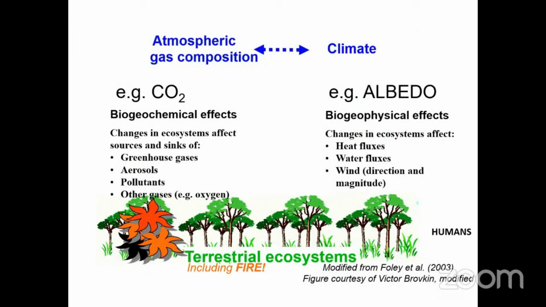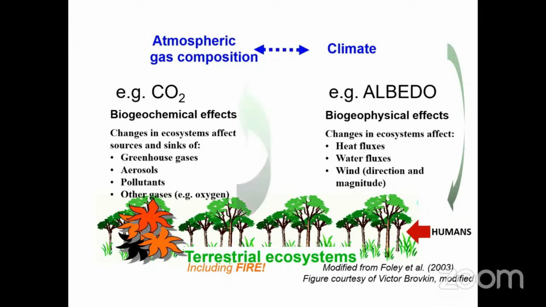So why is all of this important? Because this is the data which actually links what is happening to the feedback from vegetation, which has now become very important in all the climate models. As you know very well, it's the atmospheric composition and climate which decides what the terrestrial ecosystems are.